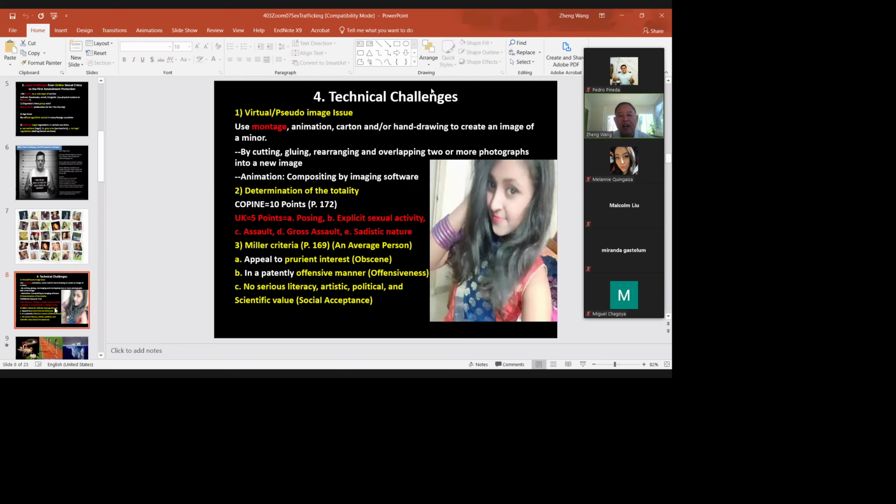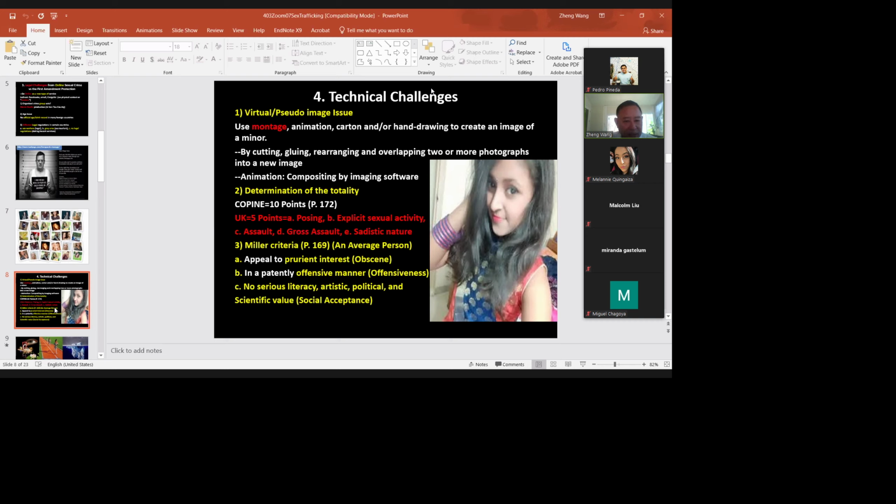Then we are facing another technical challenge in terms of criminal investigation or trial, the technical means. Most of those images right now are virtual, online.